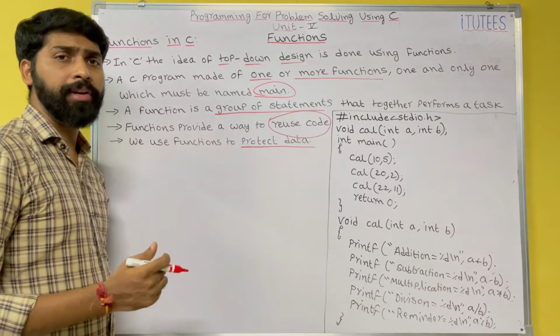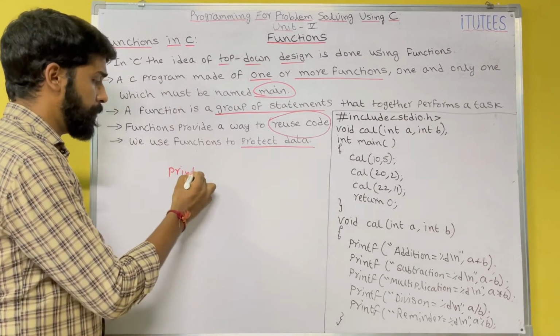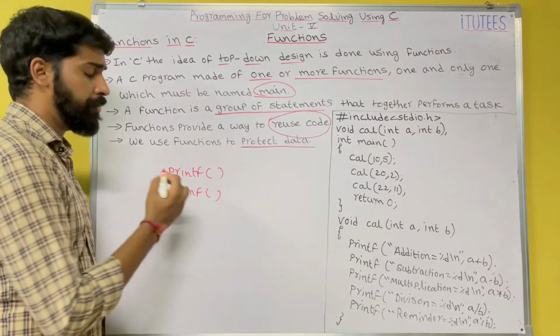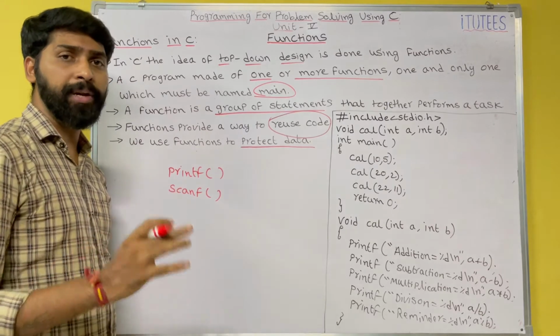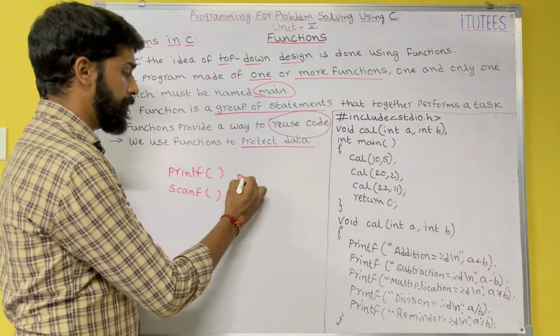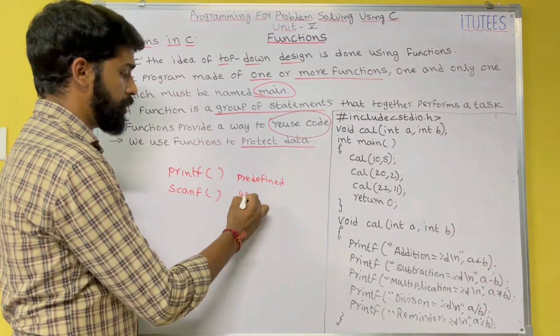Up to now, we have written many programs. In those programs, we use printf and scanf. All these are functions, but they are predefined functions. There are two types of functions: one is predefined, another is user defined.